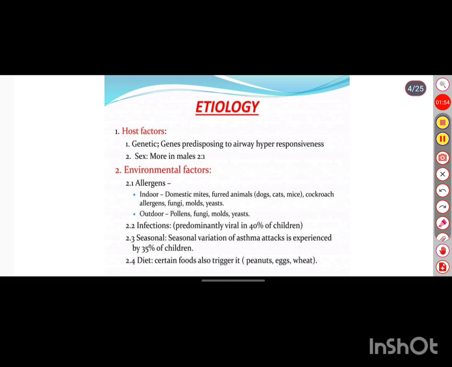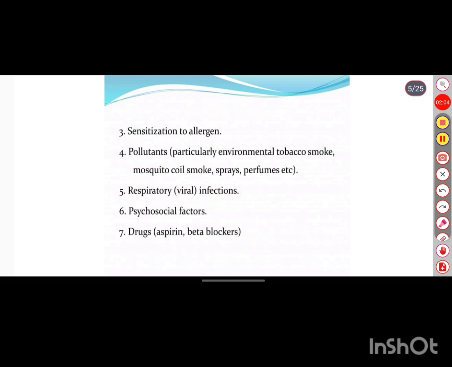And diet: children who are allergic to peanuts, eggs, and wheat can also produce asthmatic symptoms. Next, sensitization to allergens and pollutants like tobacco smoke, mosquito coil smoke, sprays, and perfumes. It can also be because of respiratory infections, psychosocial factors, and drugs like aspirin and beta blockers.